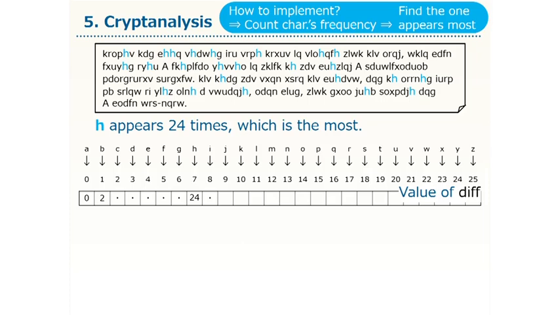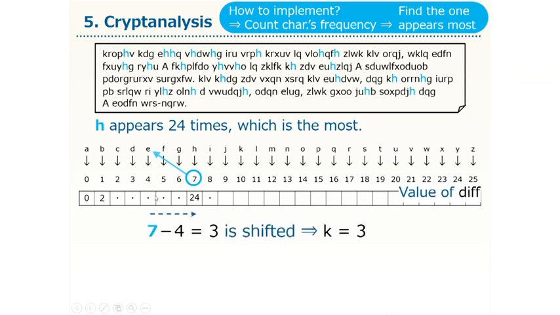The distance of H from the code A is 7. In other words, H is in the 7th position from A, or the index of H is 7. Furthermore, counting from A, the index of E is actually 4. Let's check it. The index of A is 0. The position of A is 0. The index of B is 1, which is the distance from A. And the index of C is 2, and then D is 3, and the index of E is 4.